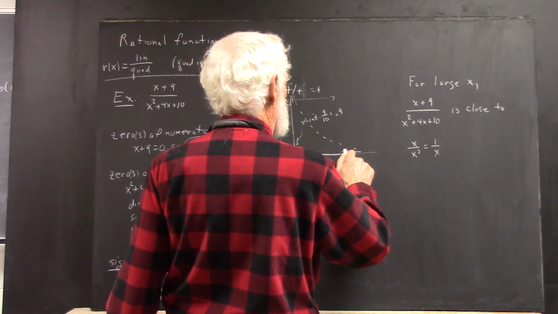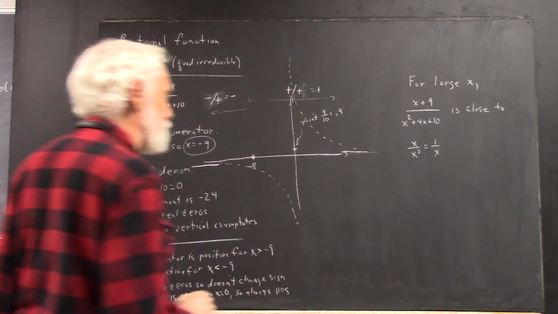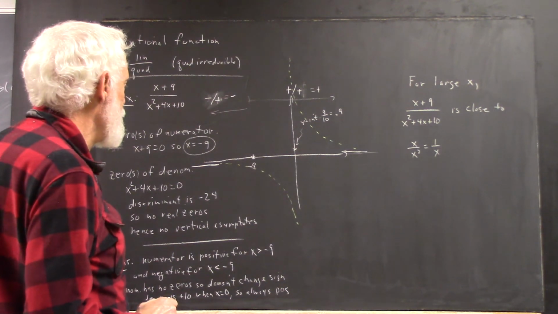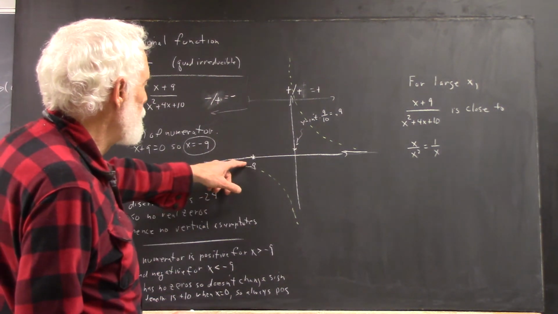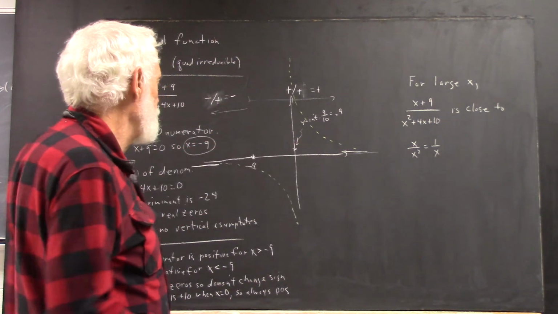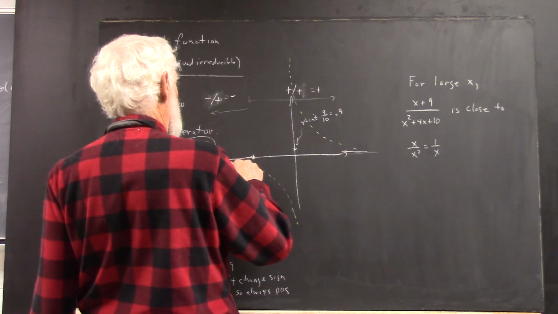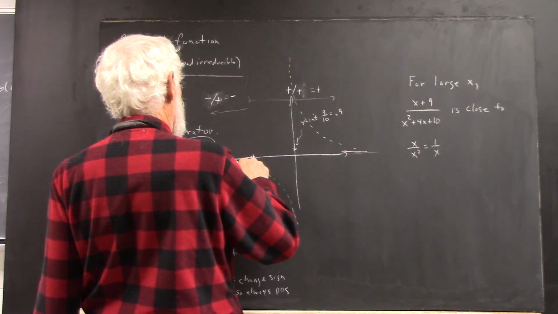So if we extend the x-axis, we know the graph has got to get real close to the x-axis out here. And it's got to go through this point, through this point, and through here. Well, the simplest graph I can draw that does that just comes along like so.